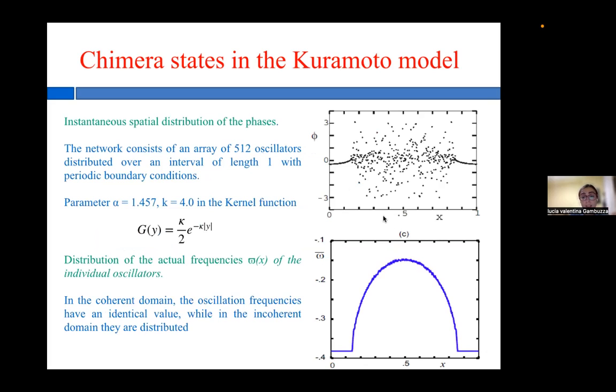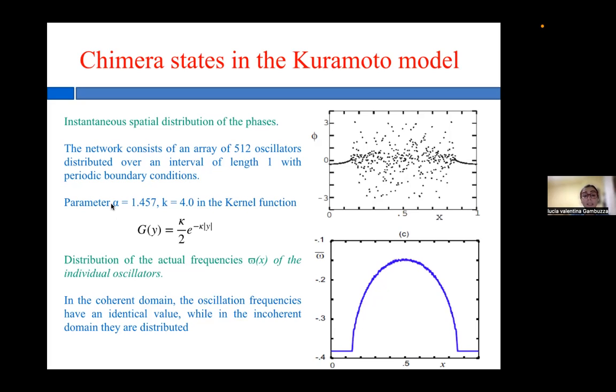If you look at these two pictures, the term chimera states becomes more clear, and in particular here we have the setting used by Kuramoto and Battogtokh. They use an array made of almost 500 oscillators, distributed over an interval of length 1, with periodic boundary conditions.